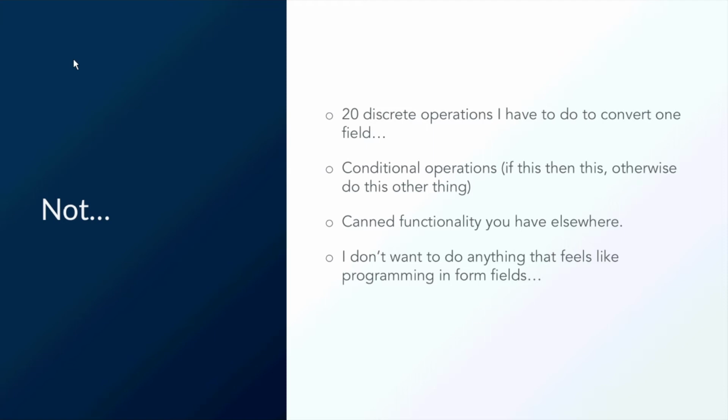Additionally, if you've got a condition that governs a lot of different functionality or whether a series of things should be done, then I think using a JavaScript stage is a better solution. Moreover, a lot of companies have functionality that they're using elsewhere that is already in JavaScript or more easily translated. In general, I don't want to do anything that feels like programming by form fields. Simple configurable data transformations, yes. Coding via form field, not so much.